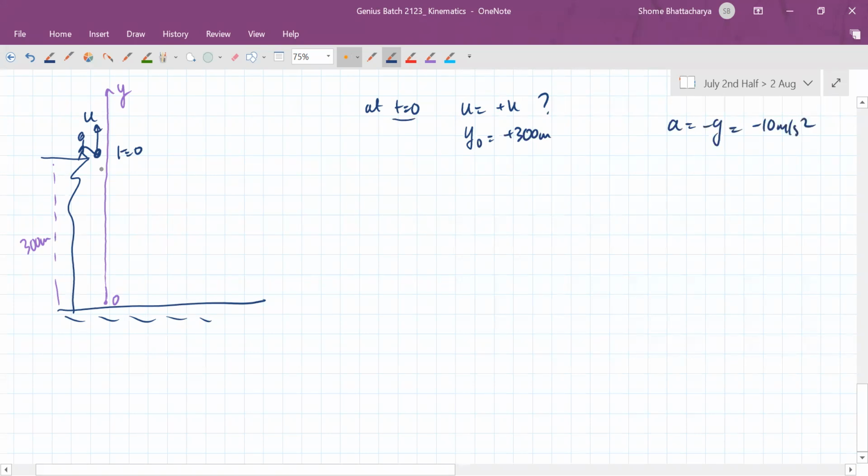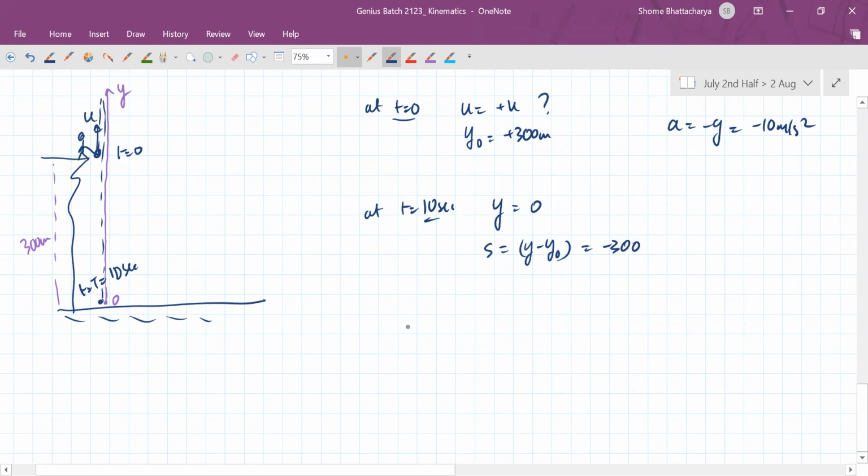So when it goes up and then comes back and hits the ground at capital T equal to 10 seconds, our y will have become 0. So our displacement, which is y minus y naught, would still be minus 300.